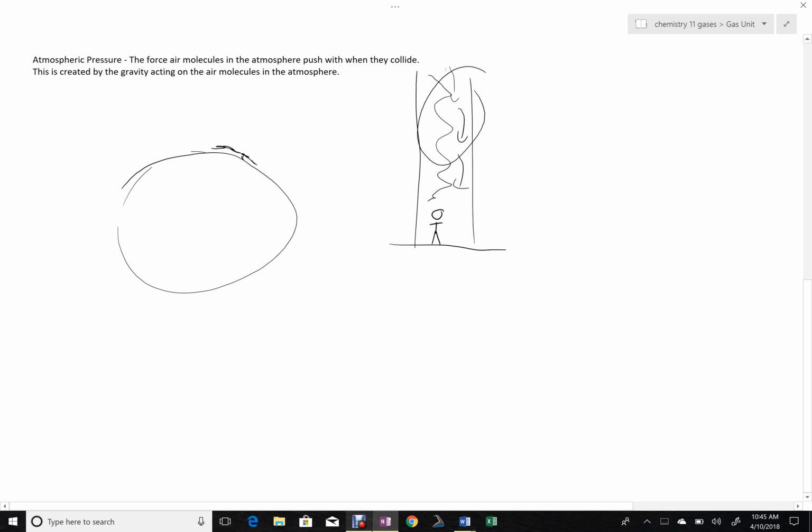So all the weight, I wrote mass, but I really should say weight, of these gas molecules is resting on the gas molecules at the bottom. And again, I should be saying particles.